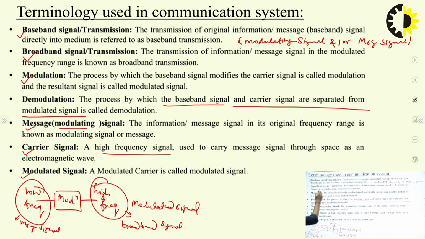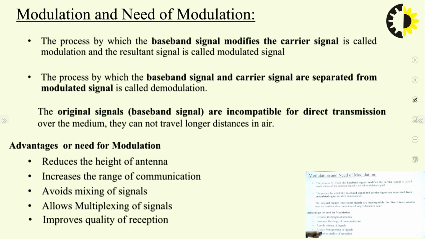I think you have to understand all of these terms, because they will be used in the future lectures. I think this terminology is clear to all of you. Next, modulation and need of modulation.